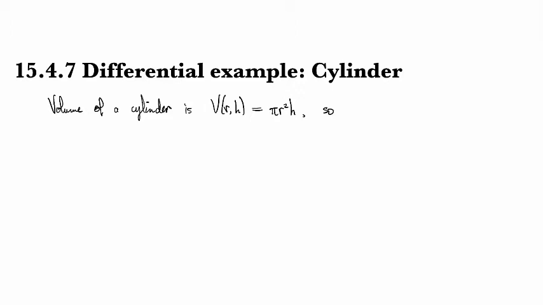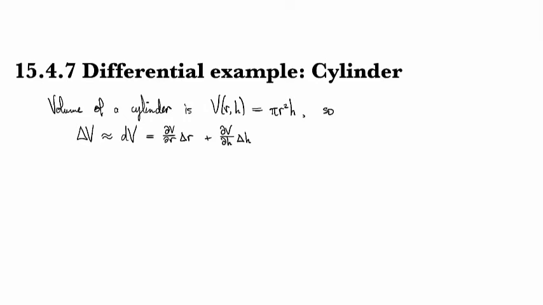So if you want to look at the change in volume, the increment in the volume, this will be approximated by the differential for the volume, which is going to be the partial derivative with respect to r. So dV/dr times the change in r, plus the partial derivative with respect to h times the change in h.